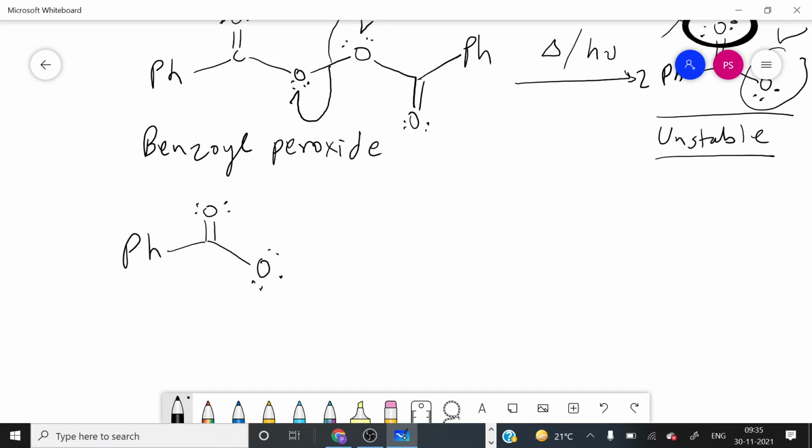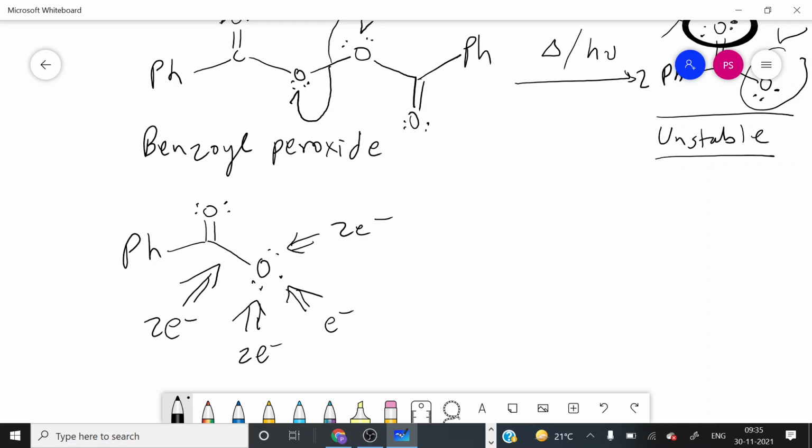Now you tell me, one single bond means how many electrons? 2 electrons. So 2 electrons are here, 2 electrons are from lone pairs, 2 electrons are from these lone pairs. So total 6 electrons and a 7th unpaired electron is there.